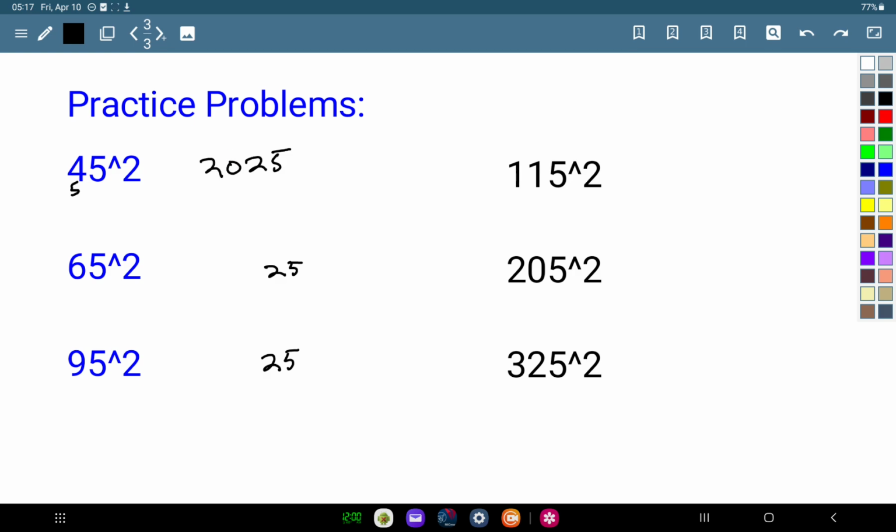So I got 2,025. 6 is going to be multiplied by the next number, 7. 6 times 7 is 42. 4,225. 9 is going to be multiplied by 10. That gives me 90. 9,025.